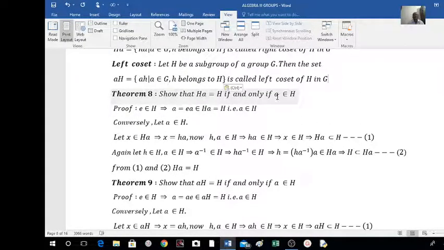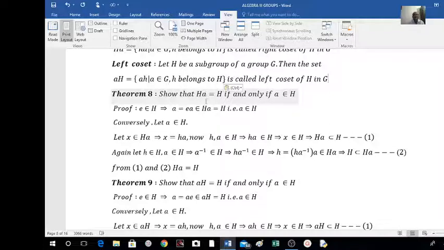So first I will consider HA equal to H and try to show that A belongs to H. Here E belongs to H, because H is a subgroup and therefore the identity must be there. Then this implies A can be written as E into A. Now E belongs to H, and therefore in the set consisting of the elements H1A, H2A, H3A, H4A, in particular E is there.